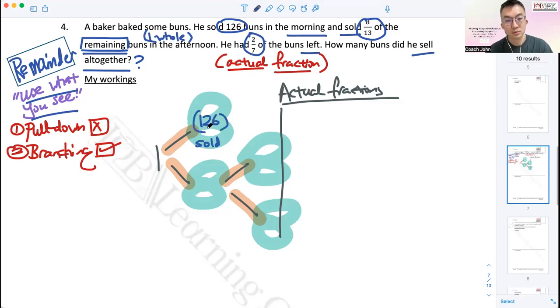And in the morning, AM. Looking at it, since the different events are AM and PM, I will change this to AM and put here 126. Then this is the remainder.